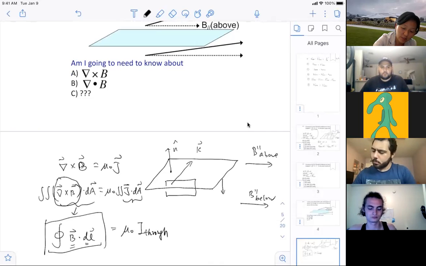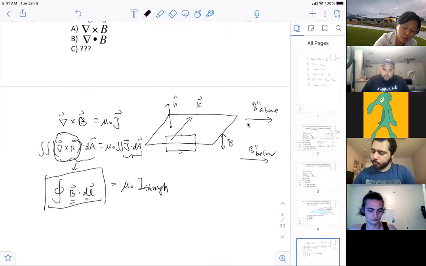It is very small and narrow with a very small height delta. So you're going to draw a circulation along the loop. This becomes the parallel above times length L. So this is length L. I'm going to use a different color.